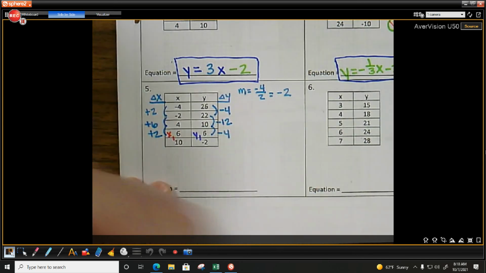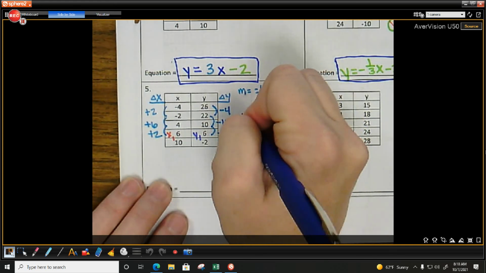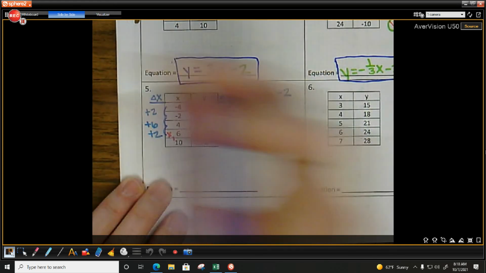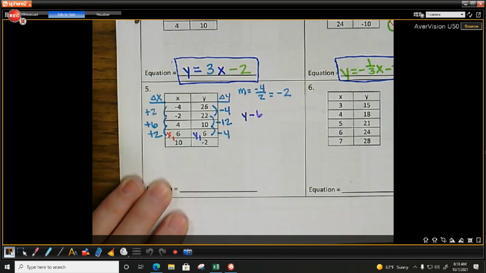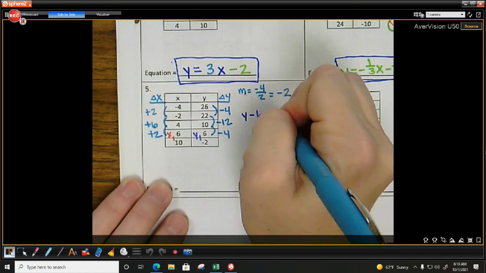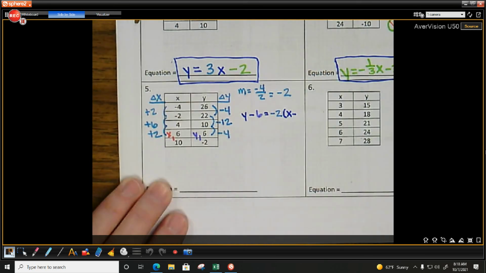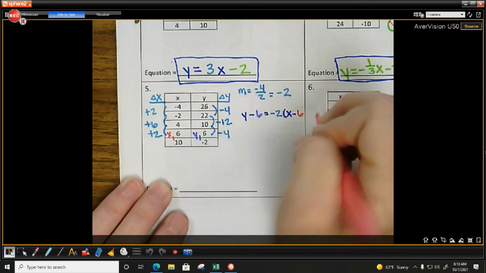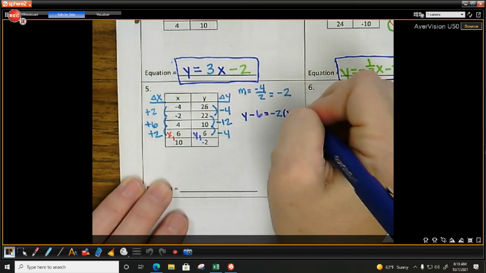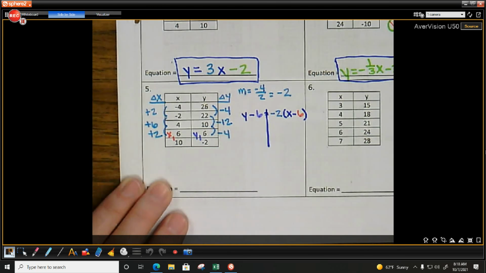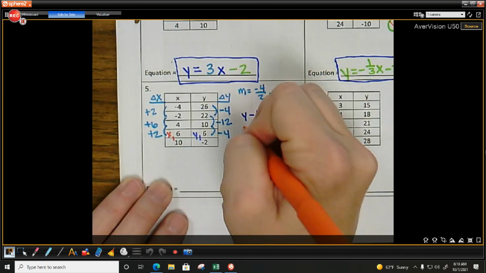So let's write our formula. Y minus, what's y1? Equals, what's m? Negative 2 times x minus, what's x1? Draw your line through the equals. Drop down your y minus 6.